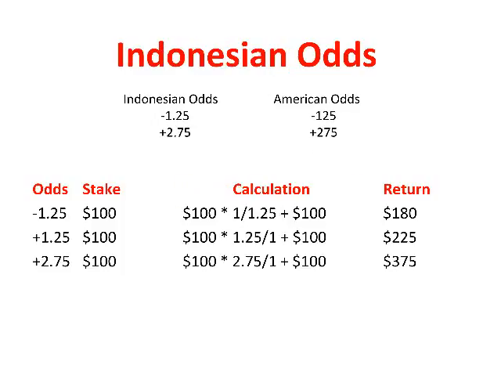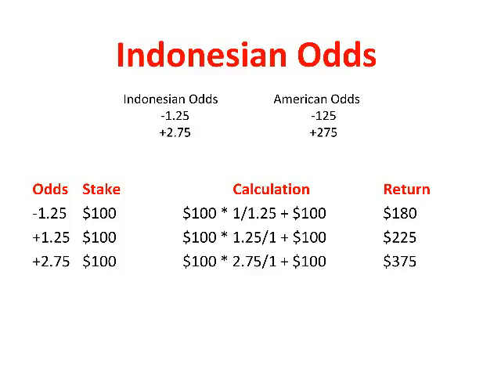The next type is Indonesian odds. At its core, the Indonesian odds is a modification of American odds. If you take any American odds and divide it by 100, you get an appropriate Indonesian odds. For example, Indonesian odds minus 1.25 is the American odds minus 125.